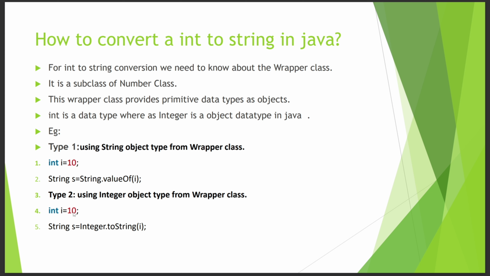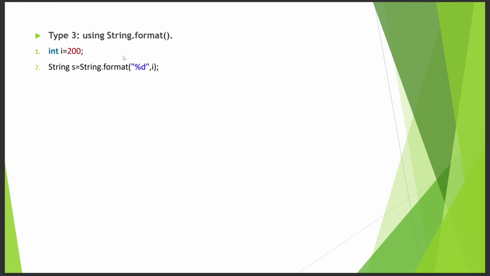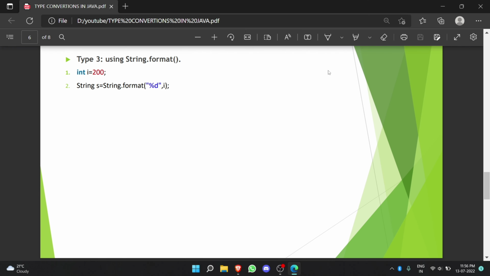We are converting 10 to 10 as a string. Type 3 is using String.format. int i is equal to 200, which is an integer. Now String s is equal to String.format of %d, i. %d represents integer, for float %f, for string %s. By these three, we can convert from integer to string.